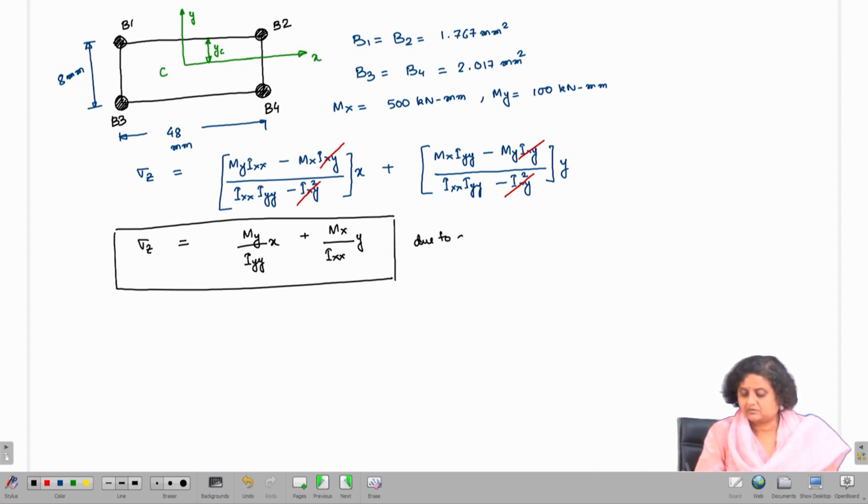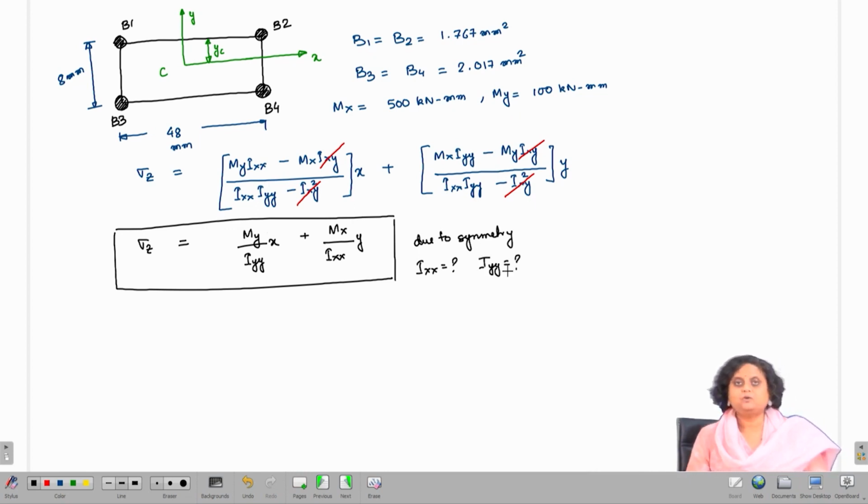Now, we need to evaluate therefore what is Ixx and what is Iyy. Before we can find out the sectional property, we need to find out the location of the centroid YC.